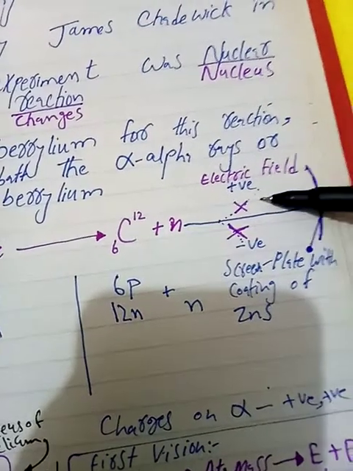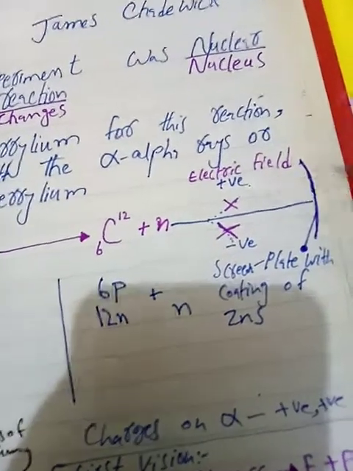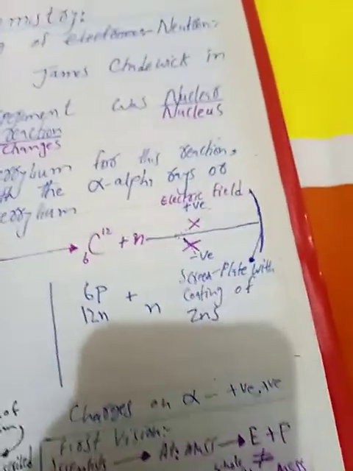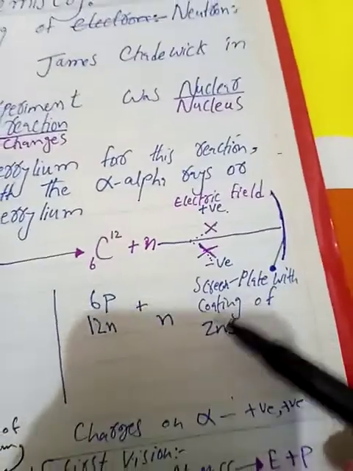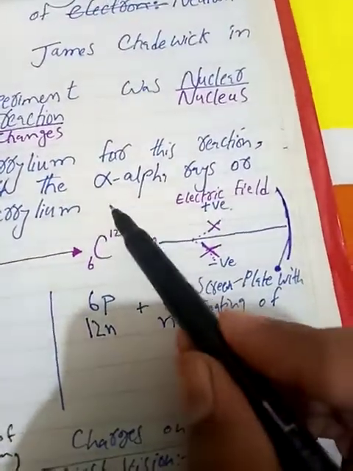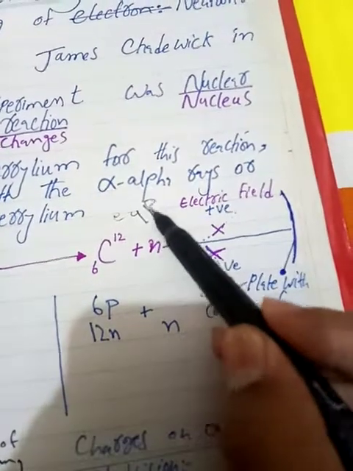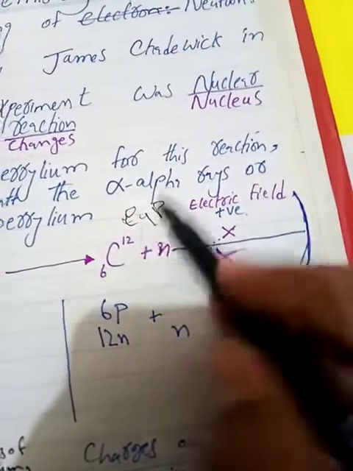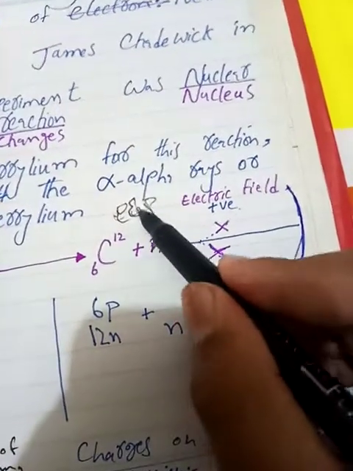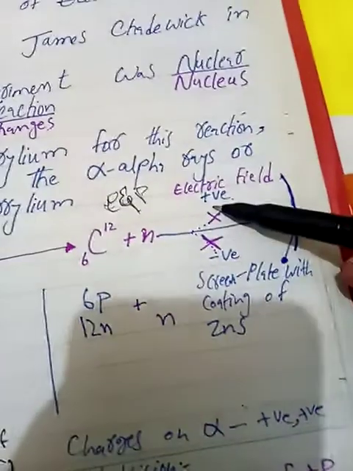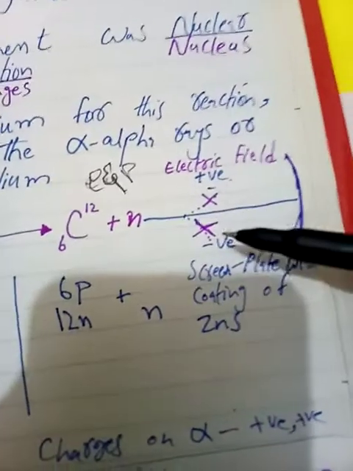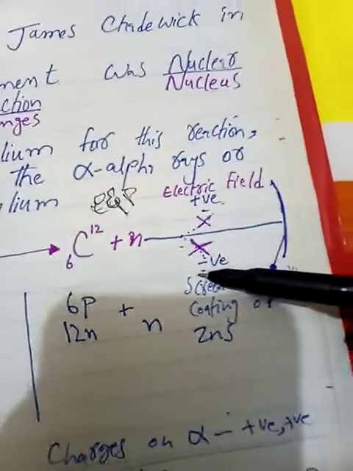By means of that we can easily discover which particle is there. At that time there were only two particles, electron and proton. He thought that if it were an electron, it would move towards the positive side, and if it were a proton, it would move towards the negative side.